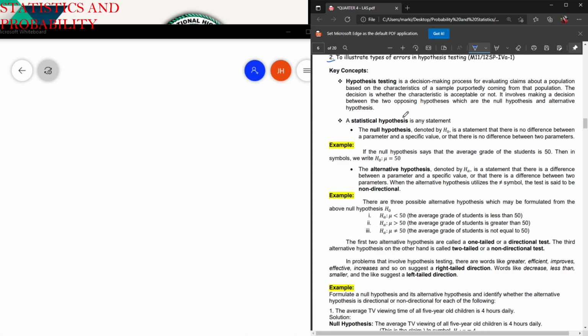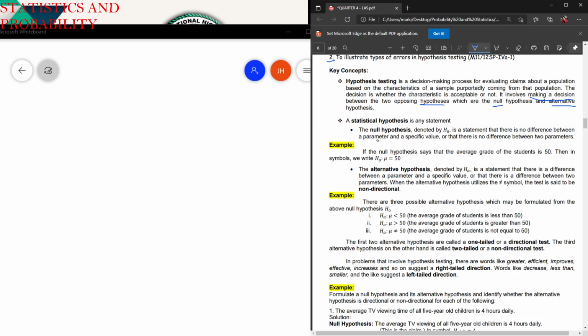It involves making a decision between two opposing hypotheses, which are the null and the alternative hypothesis.